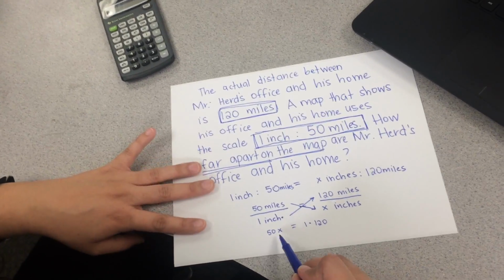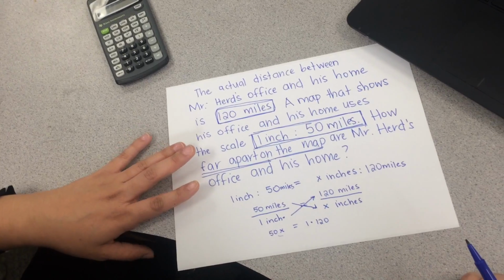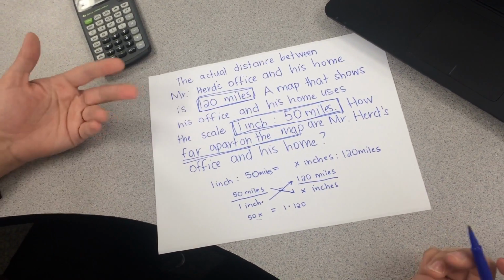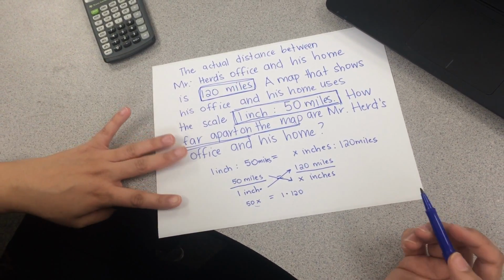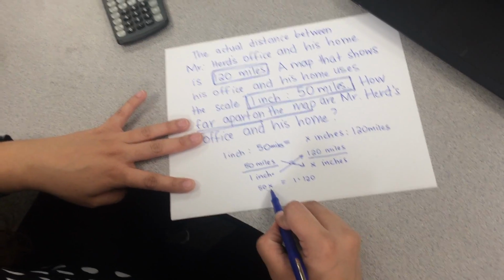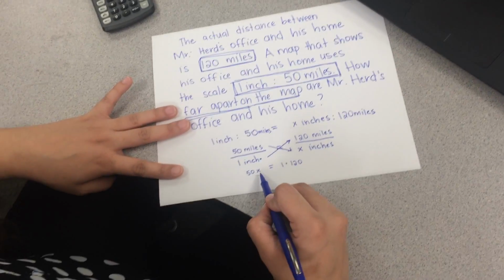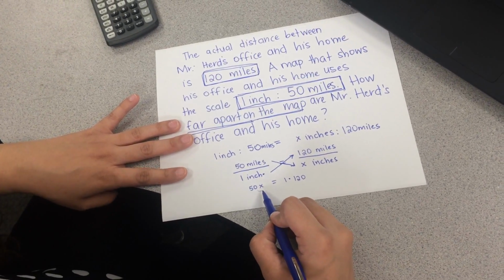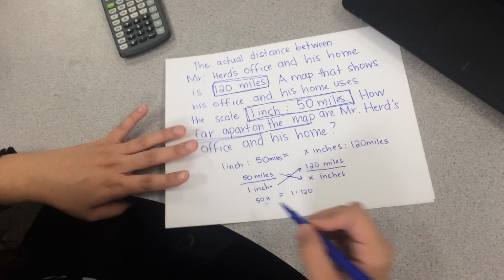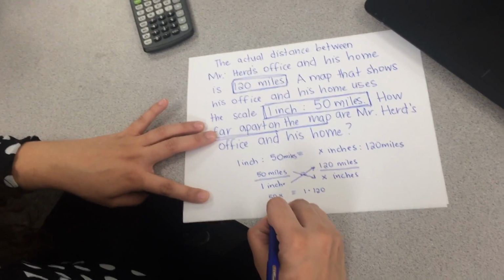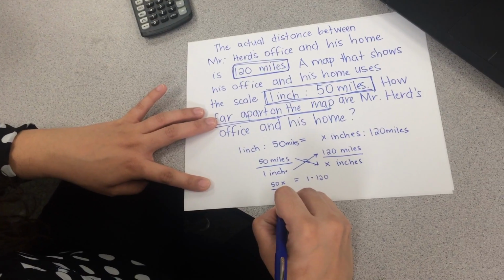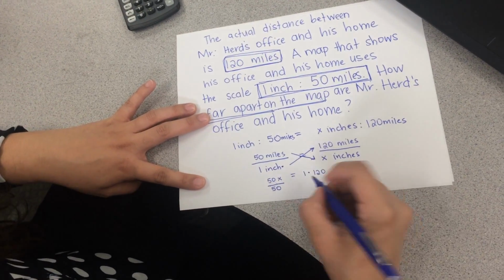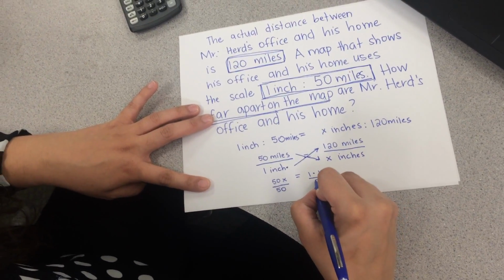From here, the object is to get this X alone. Always when we have equations, the object is to get the X alone. So I need to look at what's being done to my X, and in this case, 50 is multiplied times X. In order to undo it, I'm going to do the opposite of multiplication, so I'm going to divide. And because this is an equation, I have to do this on both sides.